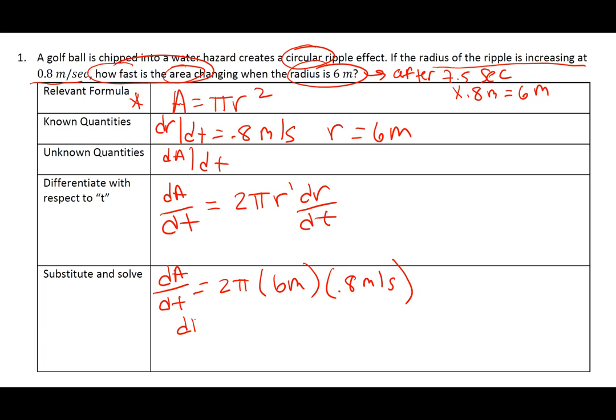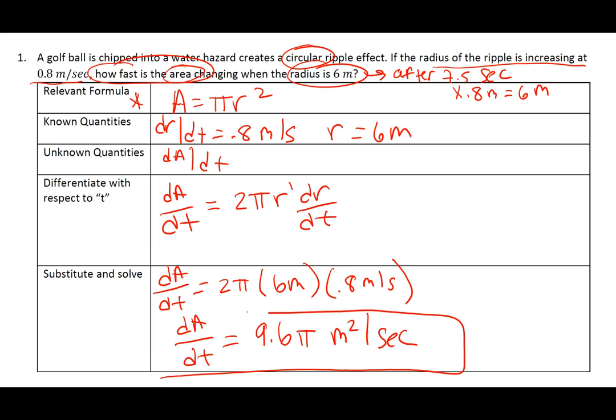And if you go ahead and multiply everything on the right-hand side through, including the units, so 6 times 2 pi, that's 12 pi. 12 pi times 0.8 is 9.6 pi. And then if you multiply meters times meters per second, you're going to get a unit of meters squared per second. And that is your very first related rate problem all the way through.